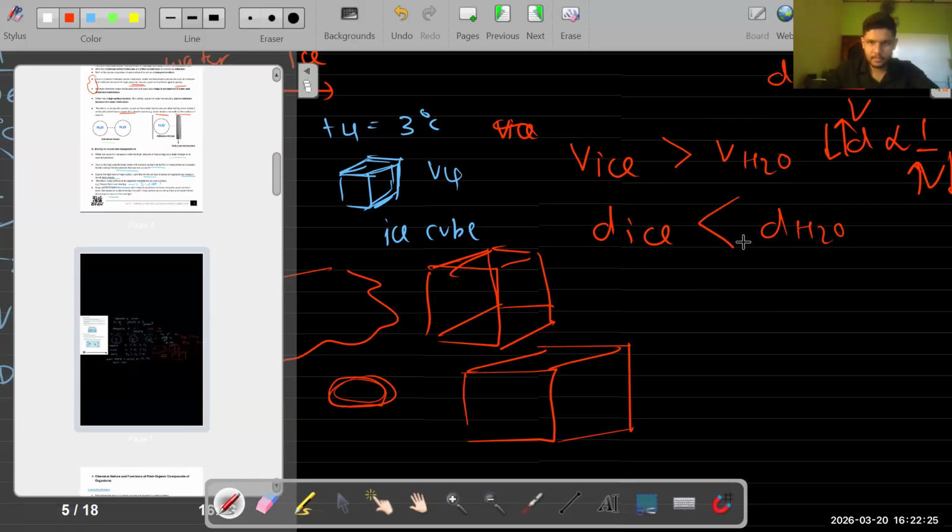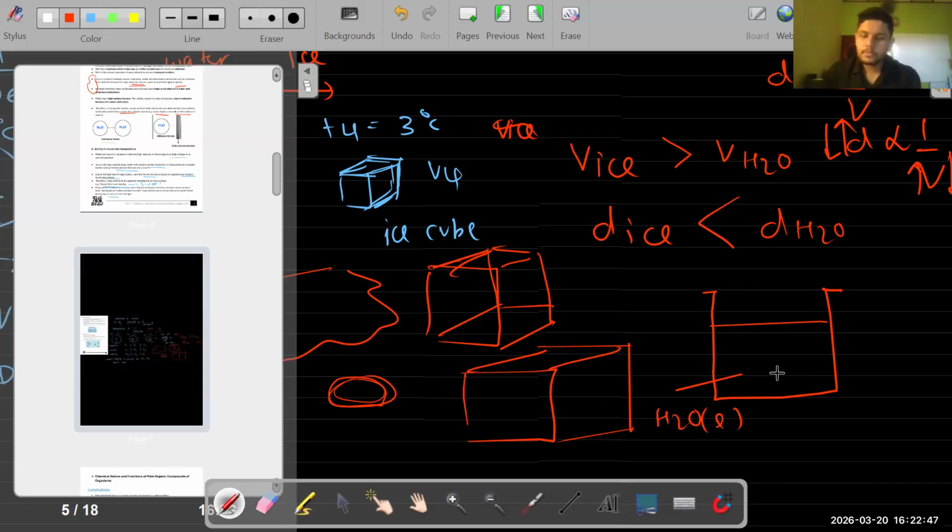Lesser than water. So you have a knowledge in hydrostatics, right? I don't know whether you have studied hydrostatics in your honors. I think you have studied that float hydrometer thing, right? To measure the density. So here, lower density. Now this is water, liquid water, right?